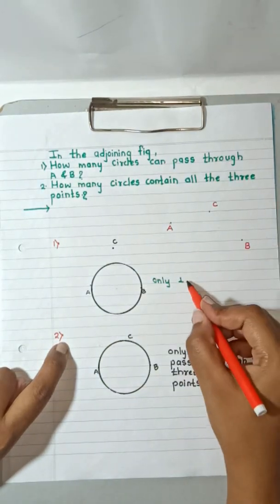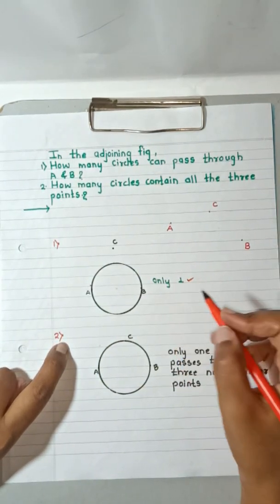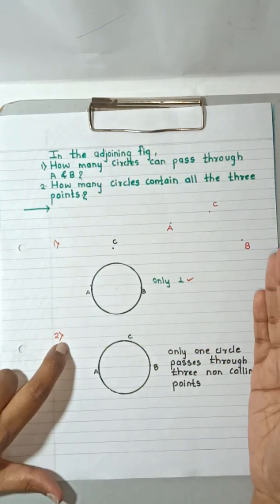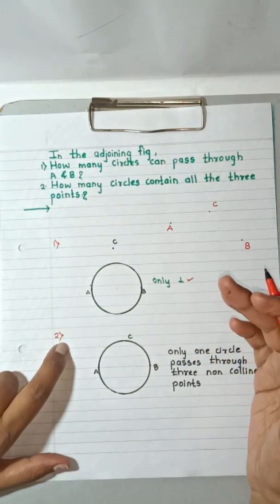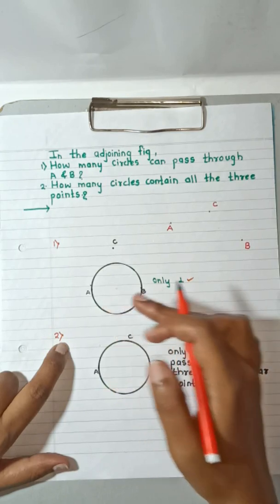But in detail, we are going to see in the next activity, in our next session, that we can draw innumerable circles passing through A and B.